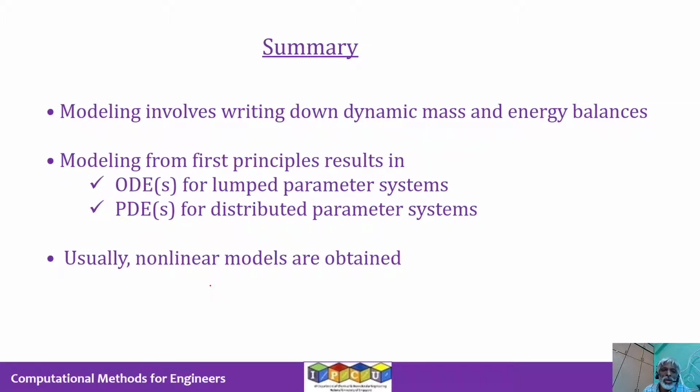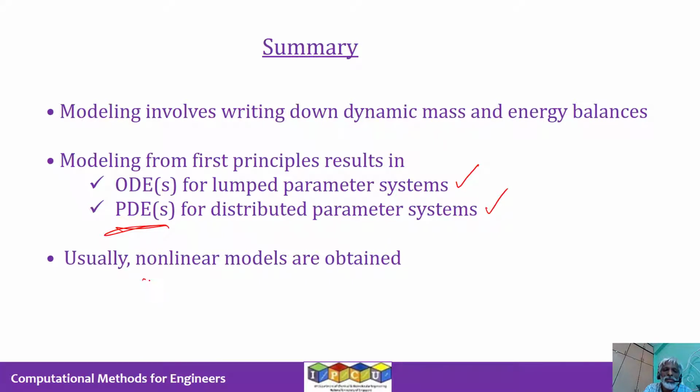In general, modeling using first principles, conservation of mass, energy, momentum, etc. Though we have not looked at momentum balance here, whenever you invoke first principles and write models for lumped parameter systems like the CSTR or just the mixer, you will get ordinary differential equations. And when we have distributed parameter systems like the one that we looked at, plug flow reactor or tubular reactor, we are going to get partial differential equations. Of course, at steady state, the partial differential equations may become ordinary differential equations.